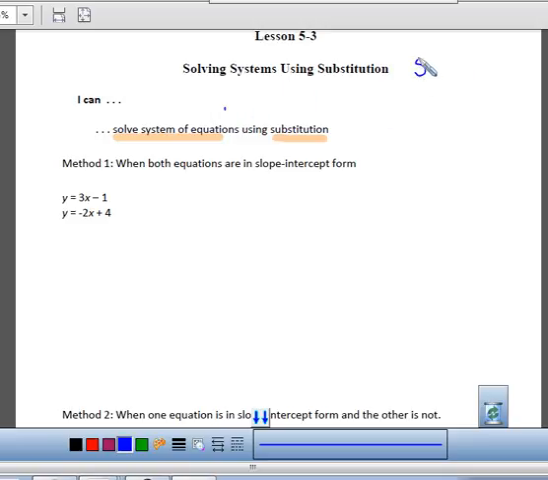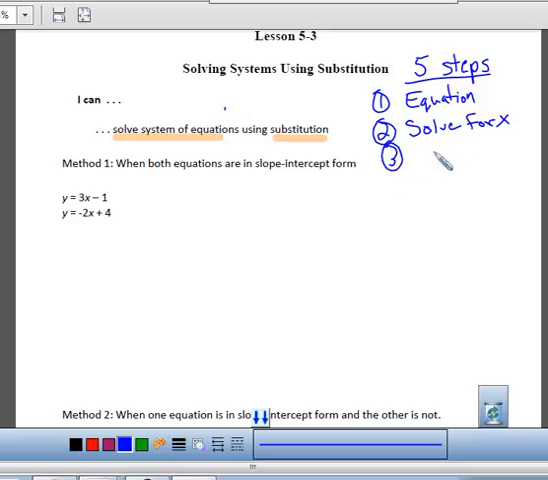the strategy that I want to show you is 5 steps. So write this down, 5 steps. You're going to see me use those steps in this first example. The first step is we're going to need a new equation. The second step is we're going to solve for x. The third step, once we have x, then we need y, so we solve for y.